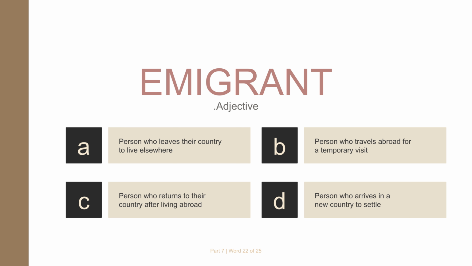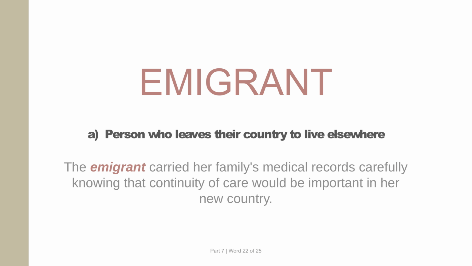Option C: person who returns to their country after living abroad. Option D: person who arrives in a new country to settle. Correct answer: Option A. The correct meaning of emigrant is person who leaves their country to live elsewhere.